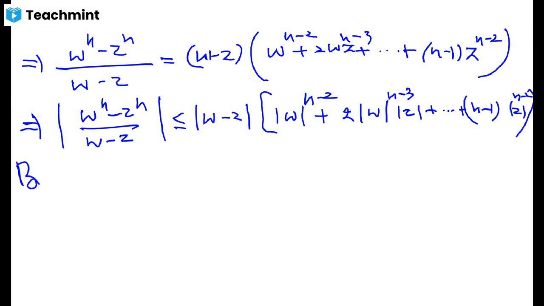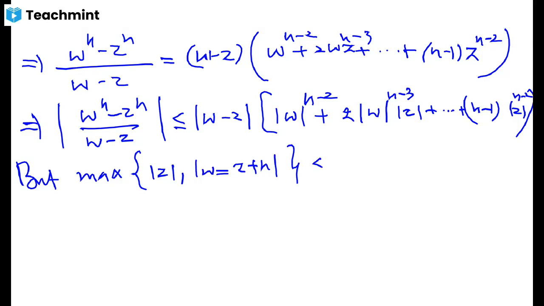But what you know is that the maximum of mod w and mod z, where w is actually z plus h, is less than or equal to r.